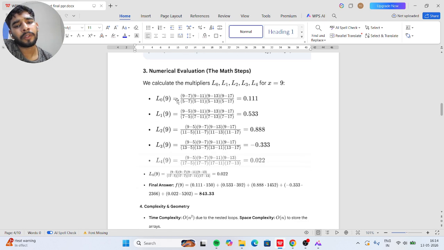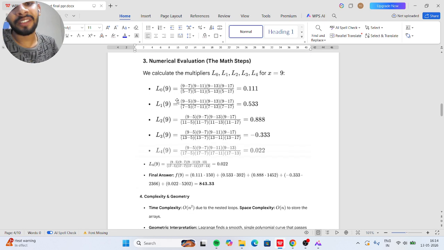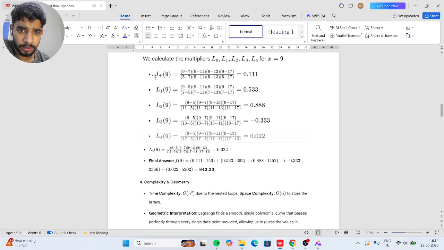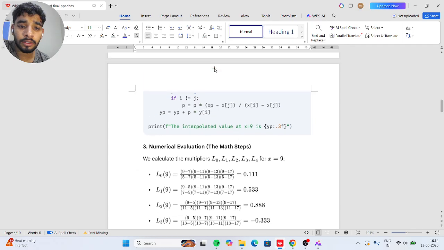Now we will solve the question with numerical evaluation using our algorithm. So we will calculate the multipliers L0, L1, L2, L3, L4 for x equals 9. First we will calculate L0(9). Here 9 minus 7, 9 minus 11, 9 minus 13 and 9 minus 17. These are all the values given in the question, except the zeroth value.